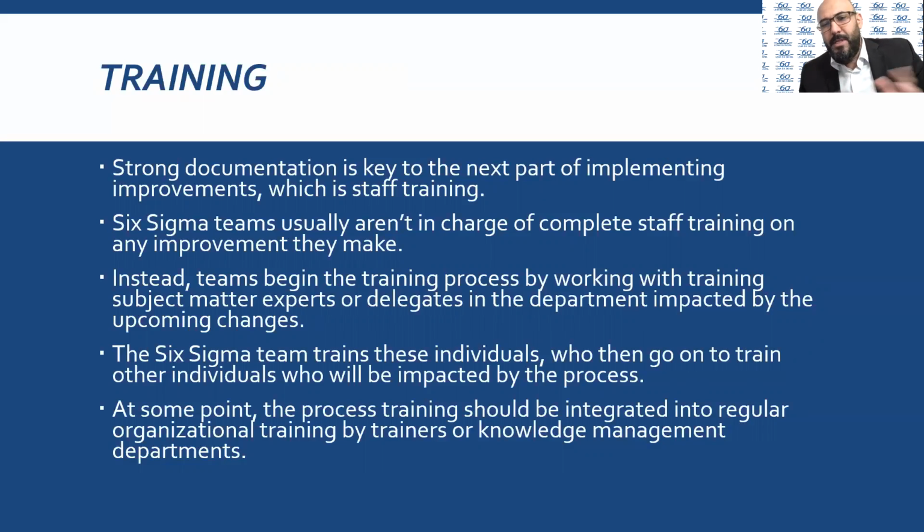So the Six Sigma team is not required to do the training for all employees of the company. However, they are responsible to train the leaders in each department, and each leader, or what we call the subject matter expert, will train their team.